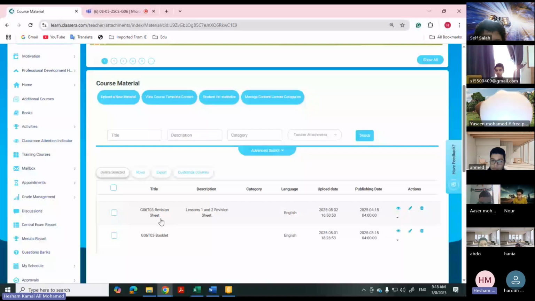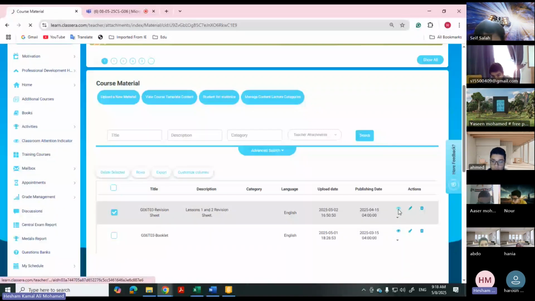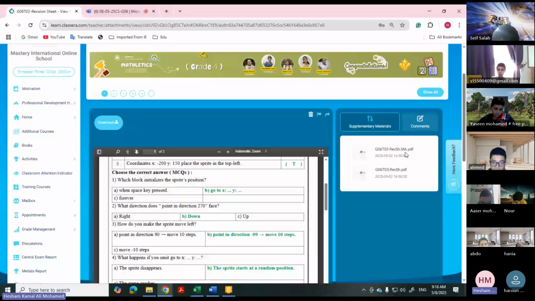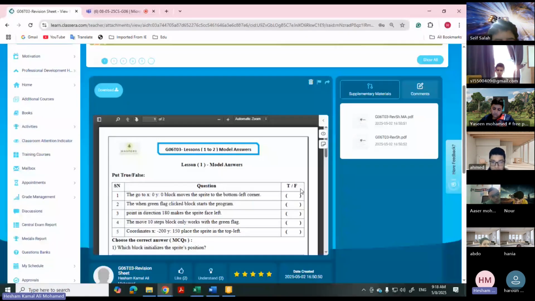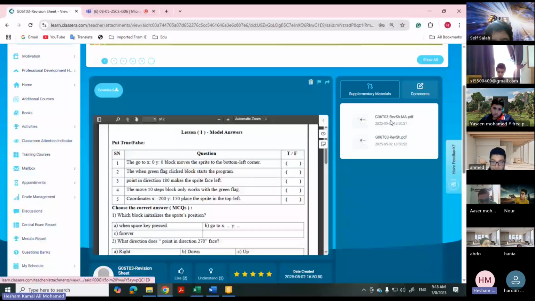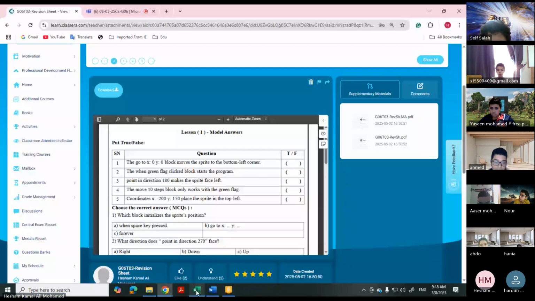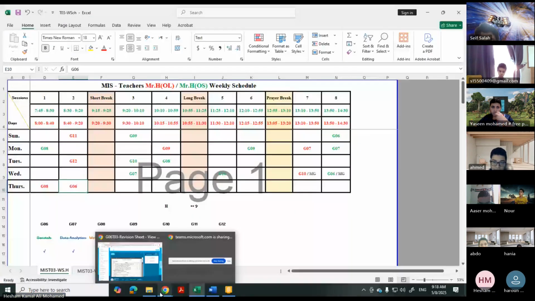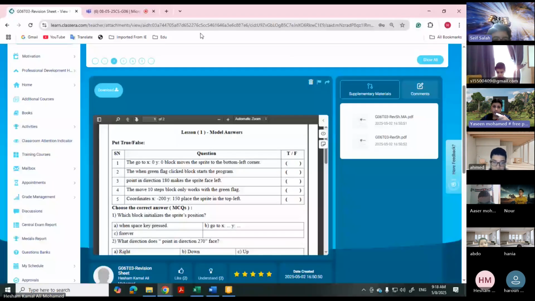If I open here, I have two files. One of them is with the answers, and the second is without the answers. This is without the answers. As you can see, both are uploaded. So now you have all the resources, everything is clear, right? Anything else? Any questions?